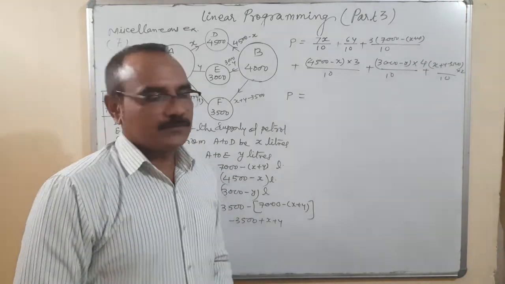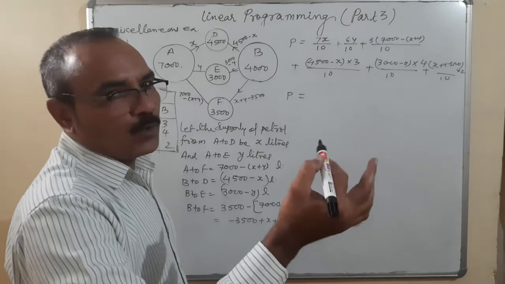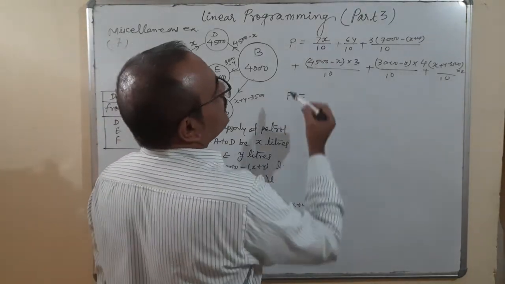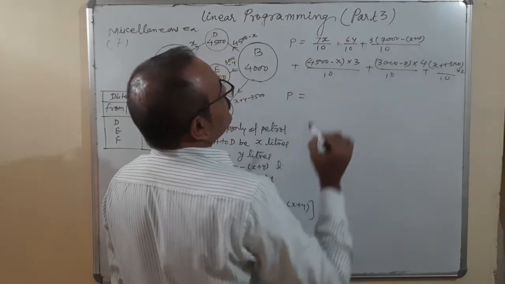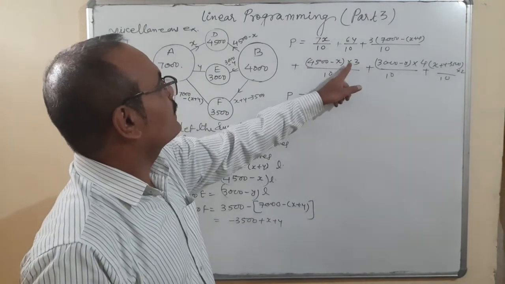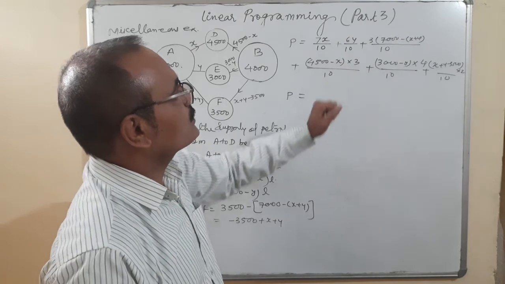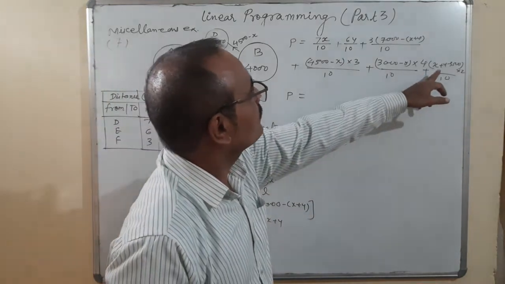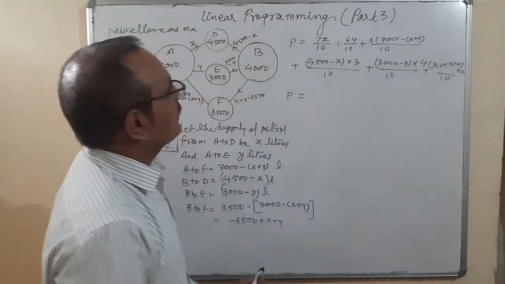Now let us take all the terms having X. This is 7x, minus 3x, 7 minus 3 is 4x. 4x minus 3x is minus 2x... just a minute.